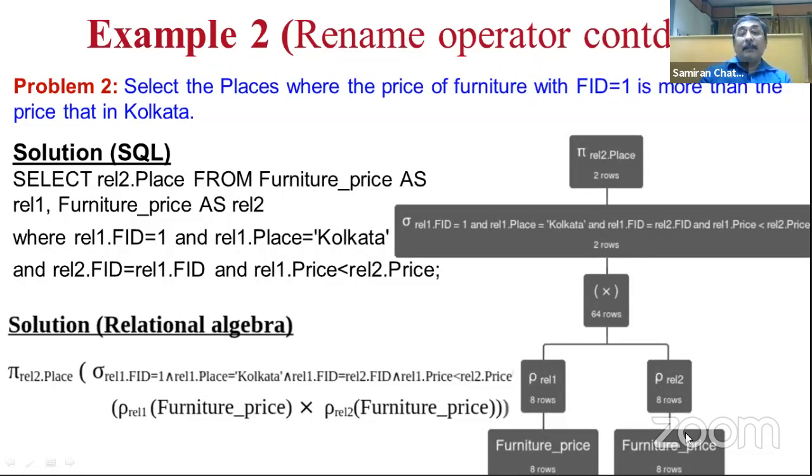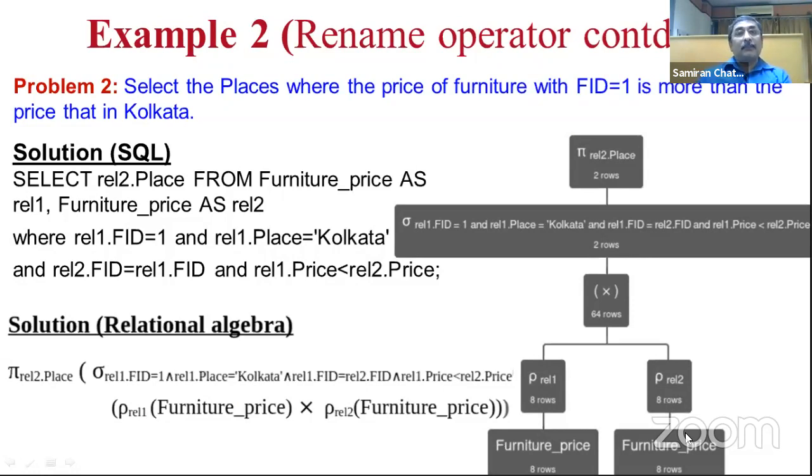Now, if I did not rename them, then this sigma clause, the where clause in select, I could not write it. Both of them would become furniture underscore price dot FID, furniture underscore price dot FID. So I could not distinguish between the 2 tables of which I actually made a product. So to distinguish them, I said the left table is rel 1 and the right table is rel 2.